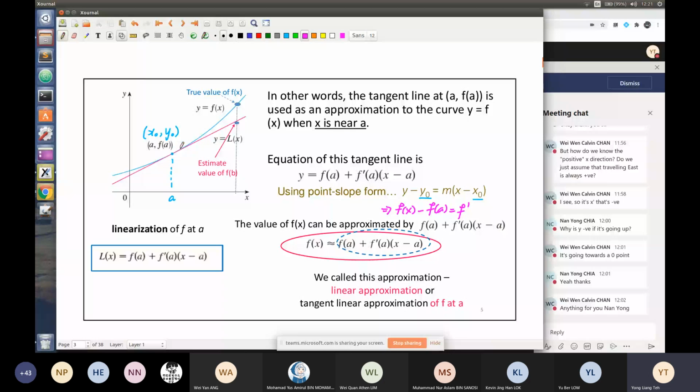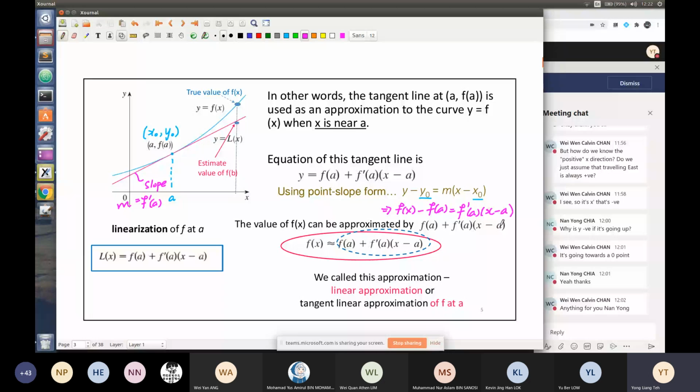So the gradient is given by f prime; the slope is equivalent to f prime at a. The slope of the tangent line here is f prime of a. So indeed, this m is equal to f prime of a. So we have m is f prime at a, and this x is just x. And what is x naught? x naught is a.